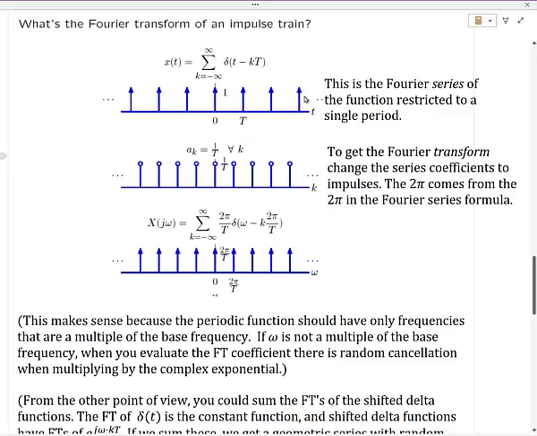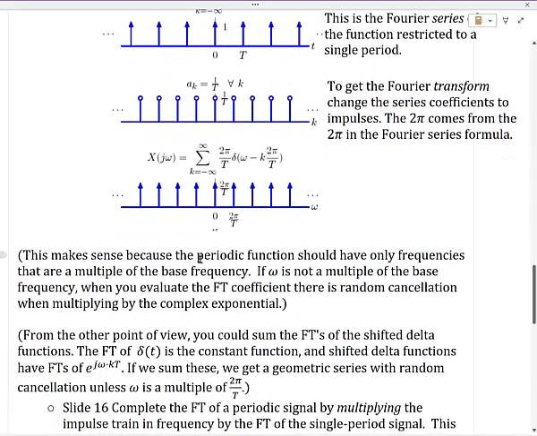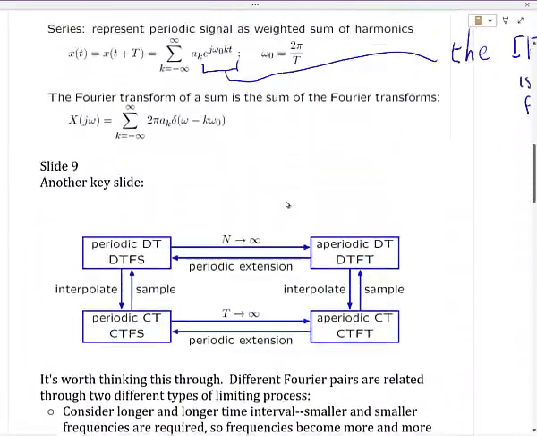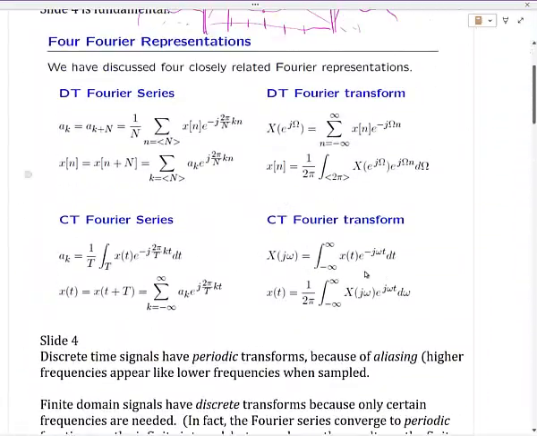Now, I just added some commentary here that this response makes sense, that I'm only going to get frequencies that are multiples of 2 pi over T. Why is that? Because if I took the Fourier transform expression for this, it's going to be an integral from minus infinity to infinity, and it's going to involve the function times e to the minus j omega t.